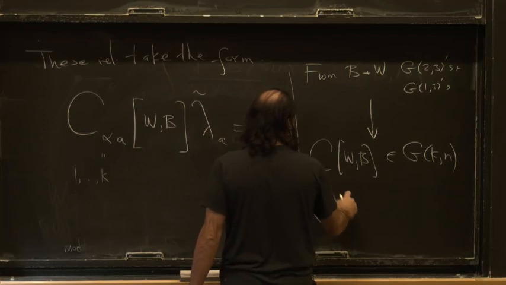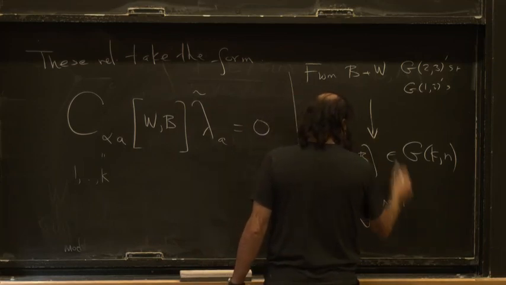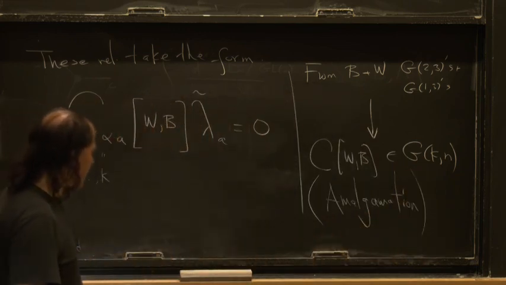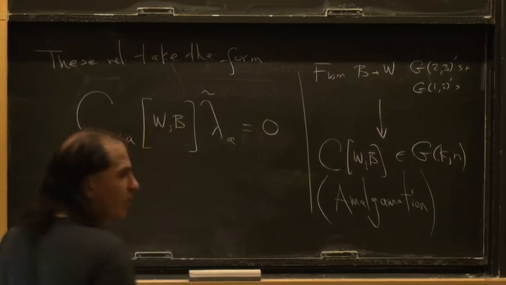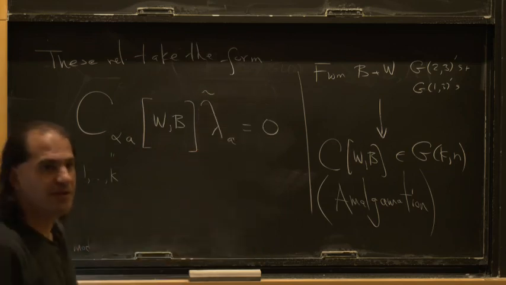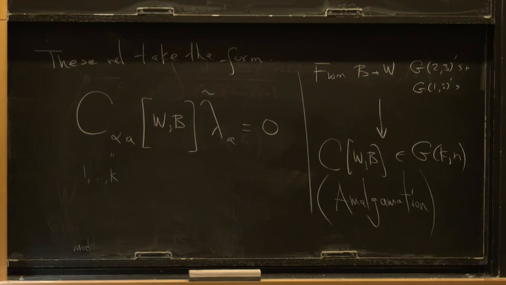There's various words for this, but in this very invariant way of describing it, this is sometimes described as saying I'm amalgamating all these g13s and g23s together to produce something that lives inside GKN. Is that clear? So is it now clear where the Grassmannian is coming from?